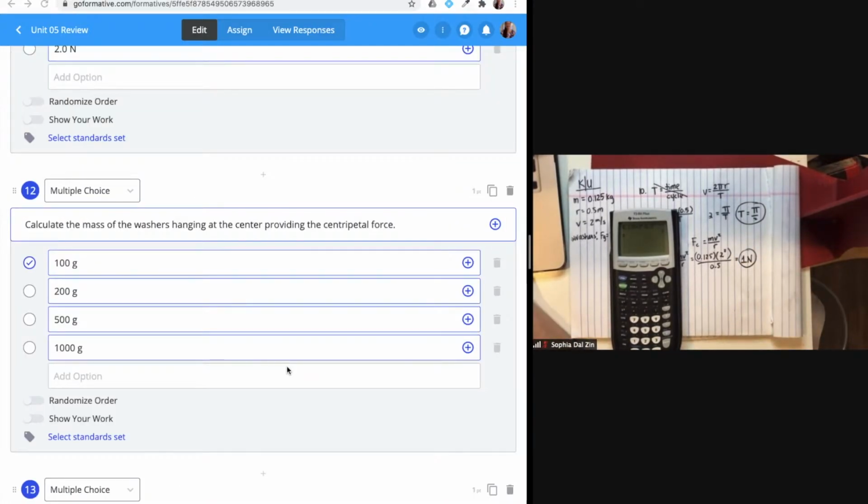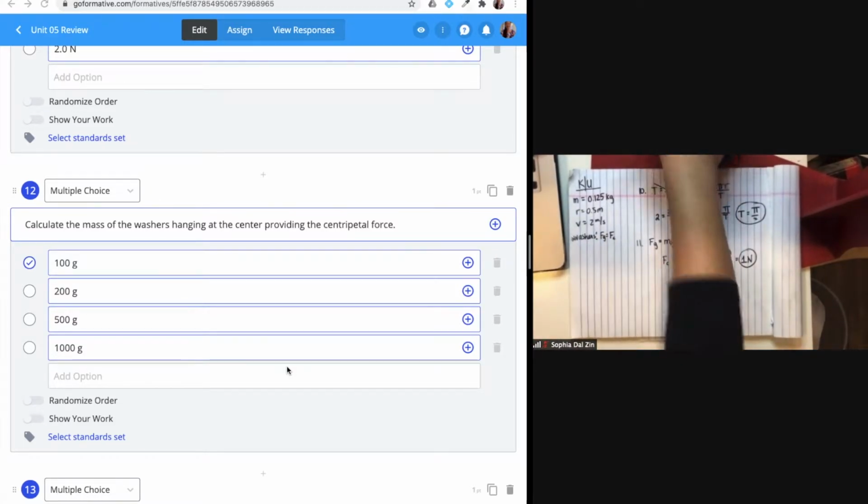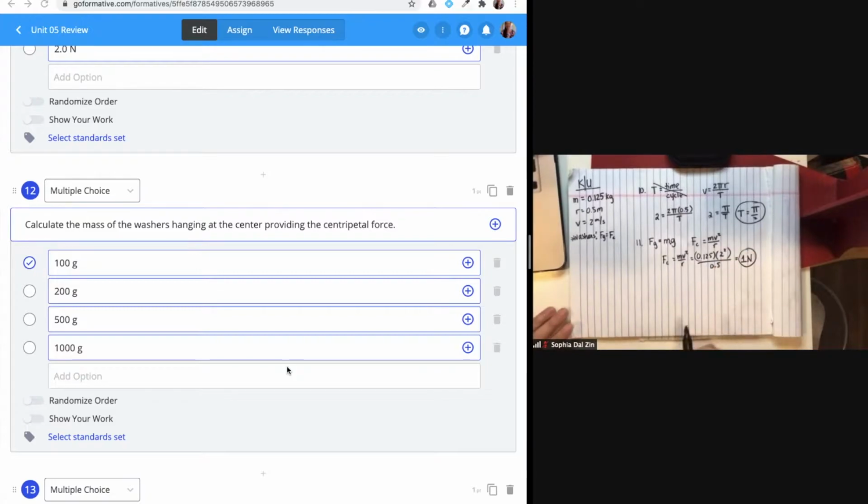Then we can use the mass of the washers. So let's say we just used this equation. Right? Well, now that I know that this is 1 Newton, I also know that this is 1 Newton, and I can use it to find the mass of the washers. The washers provide the centripetal force with their weight.